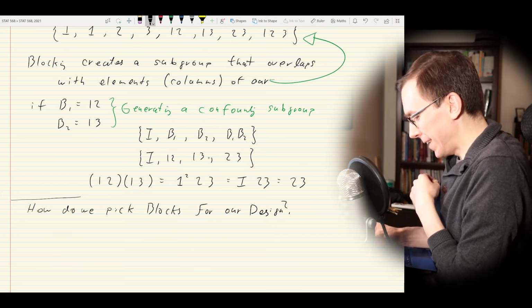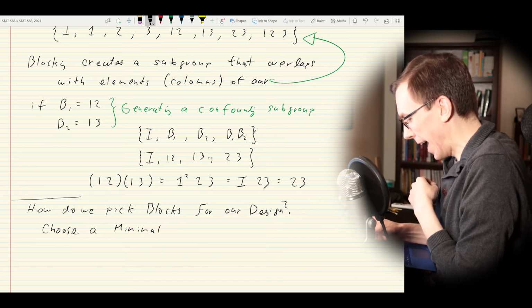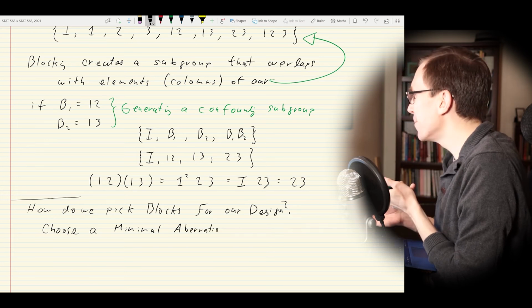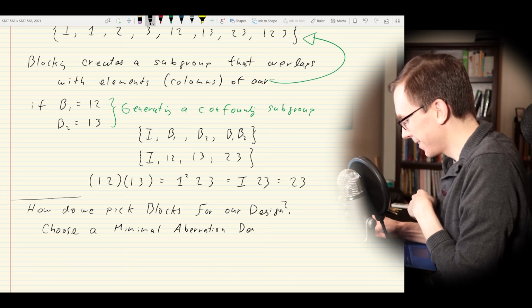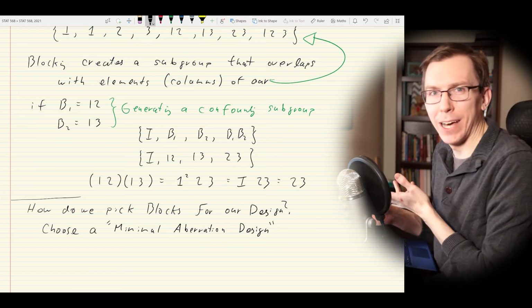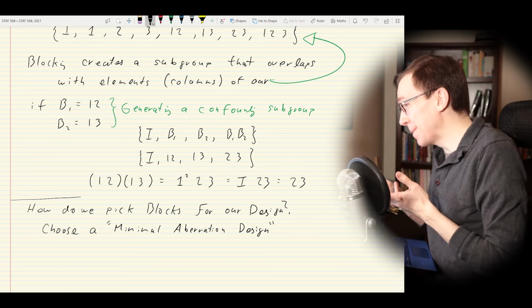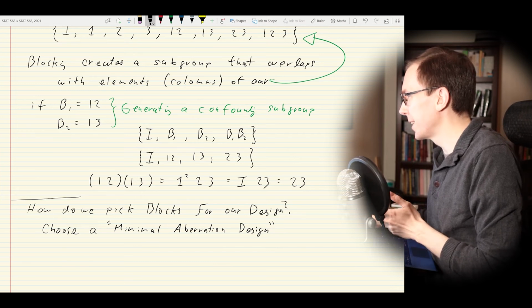And the answer is that we choose a minimal aberration design. Is there 2 B's or 1? Oh, 1 B. Good. Aberration design. Okay, then the question is, what in the world is a minimal aberration design? To figure out what that is, we first need to talk about what aberration is.